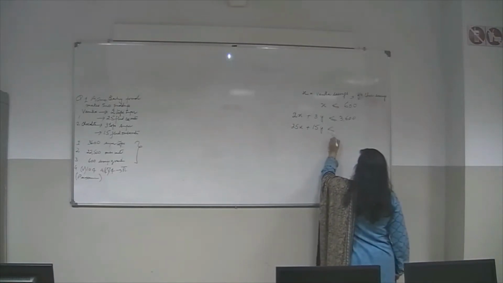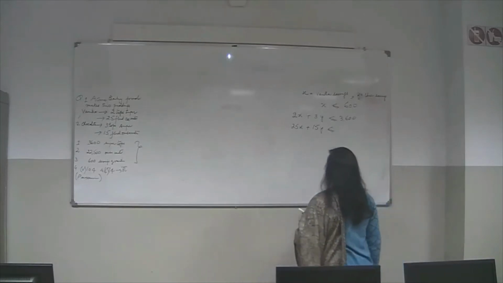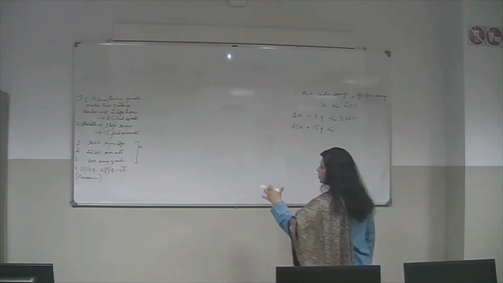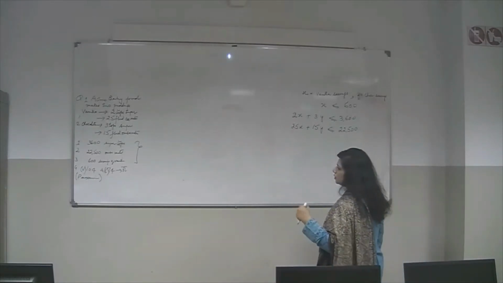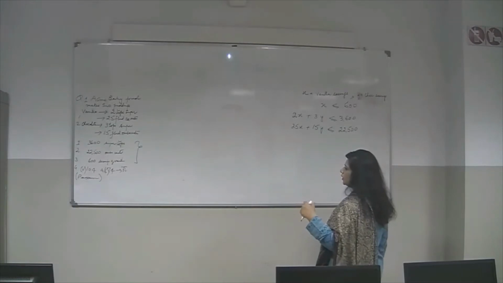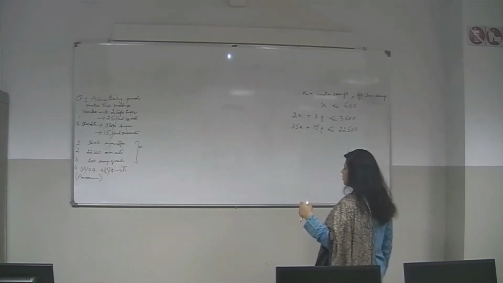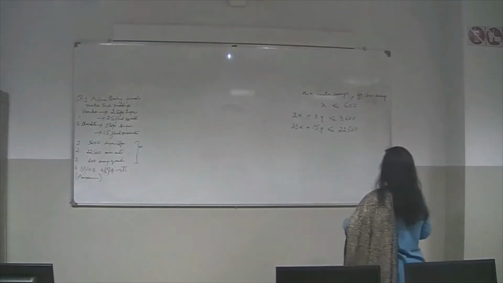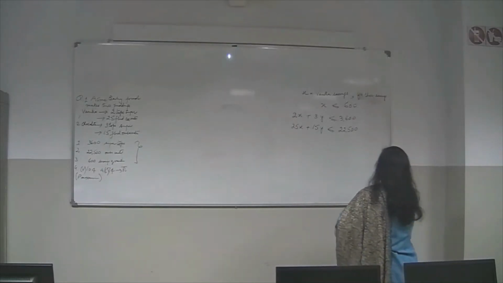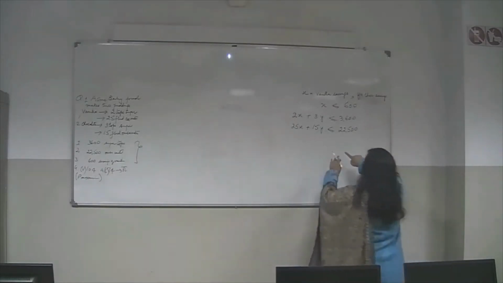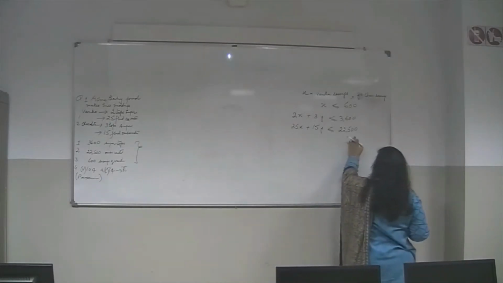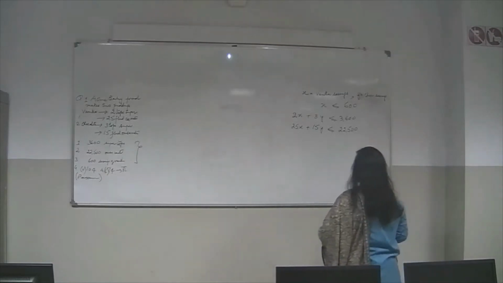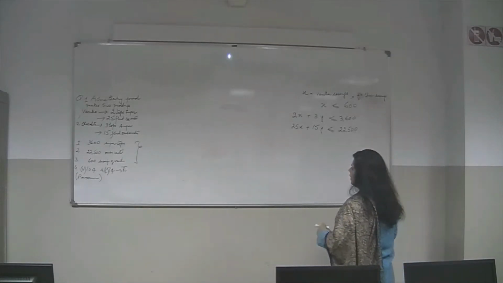And then again we put this less than or equal to, because we are constrained by the volume of water that we have. It could be in liters or ounces, whatever, but it is constrained to this 22,500 value of fluid ounces of water.